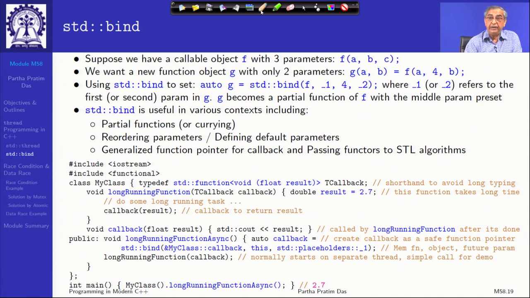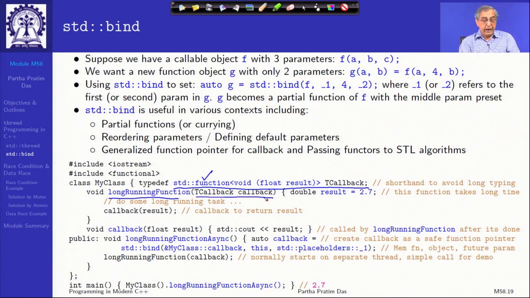Here below I have a simple example to show how it can be used as a callback. So, this is the callback type. You remember the function component. So, I say void(float result). It means it will take a float and give me a void, that is the type, and I have a function that runs for a long time.